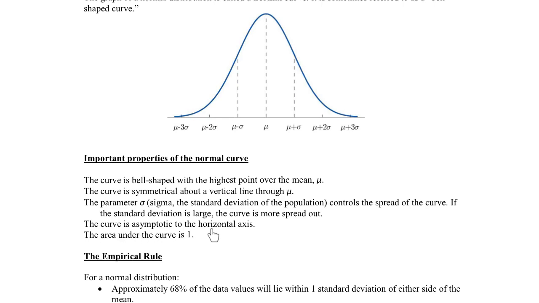The curve is asymptotic to the horizontal axis. Who remembers the good old days in algebra finding horizontal asymptotes? If you remember what that means, it means that the line is approaching the asymptote, but it never touches it.